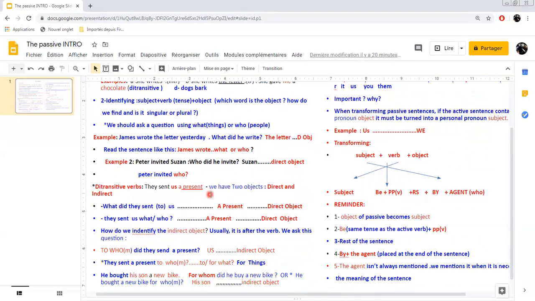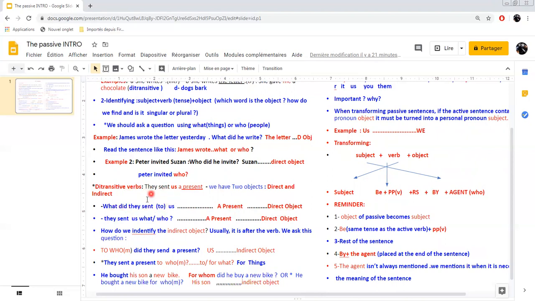To identify the direct object, you ask the question with what: what did they send to us? Because normally the sentence should be like this, they sent a present to us. So we ask, what did they send us? A present. So a present is the direct object.